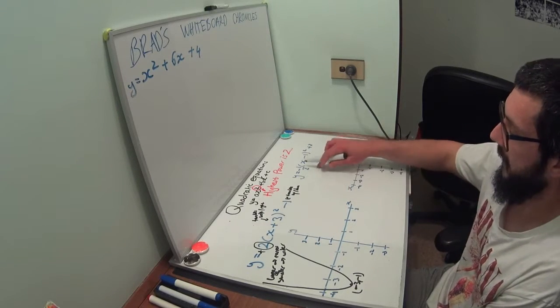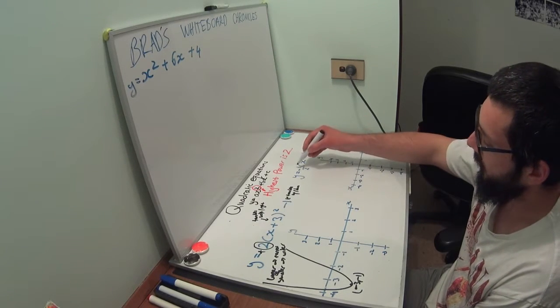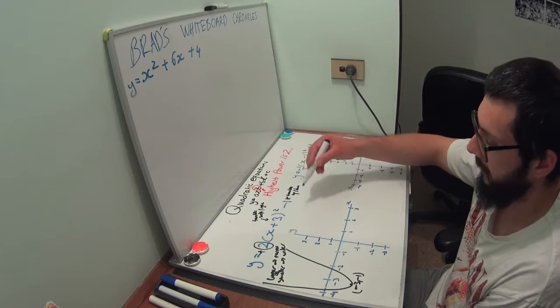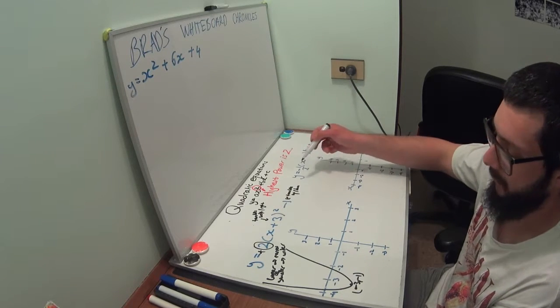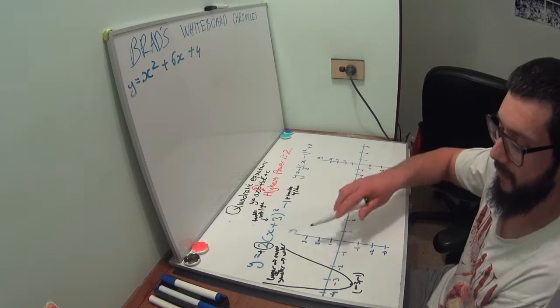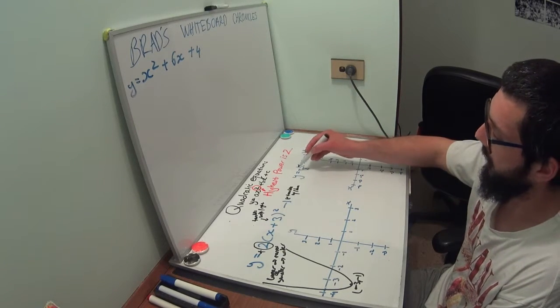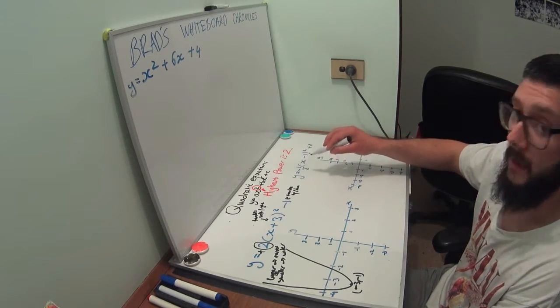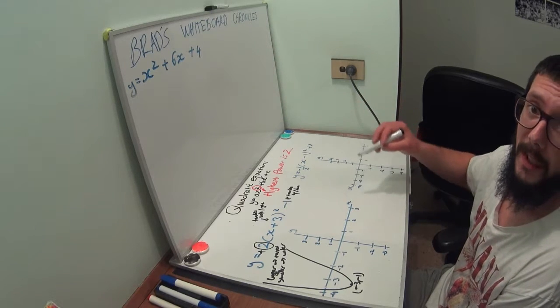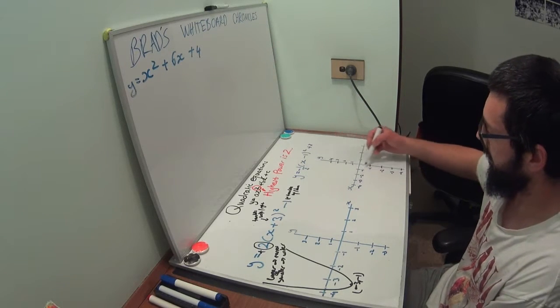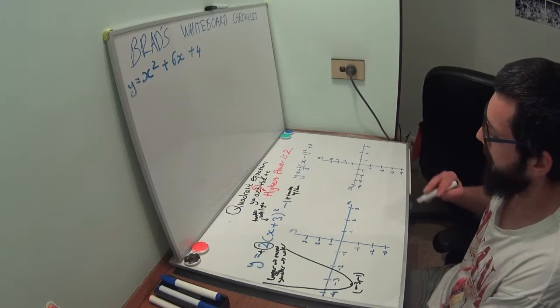So if we look at this second equation, we know that we have a half instead of 2. So a half is a smaller number than 2. So in this case here, we're going to have a wider curve. Right? And we also know that it's a negative number. So it's not going to be a positive parabola, it's going to be a negative parabola. So it's going to be shaped like that.